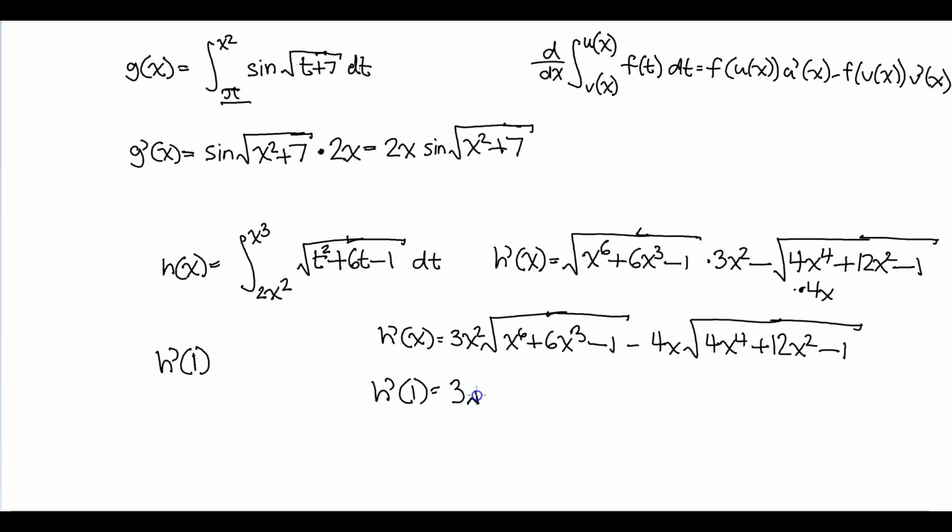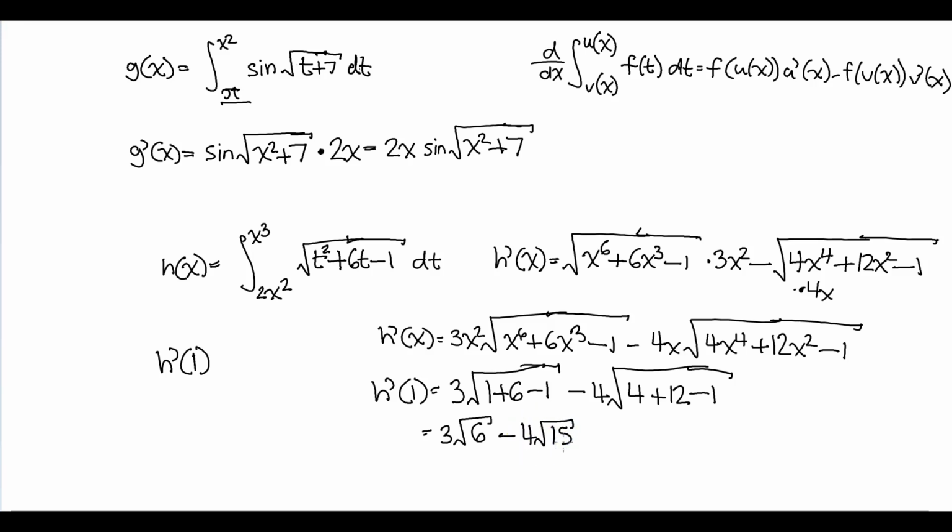So we have 3 times the square root of 1 plus 6 minus 1, which is 6, minus 4 times the square root of 4 plus 12 minus 1, which is 15.